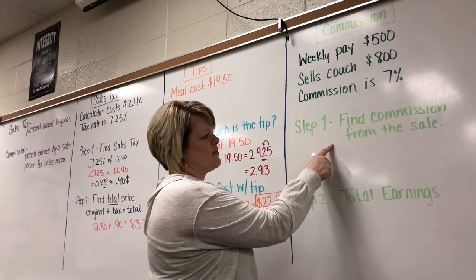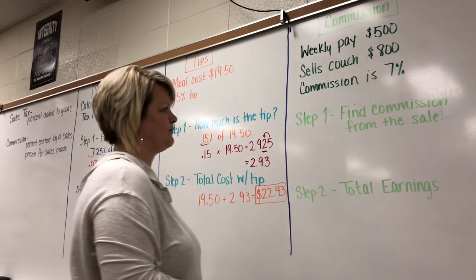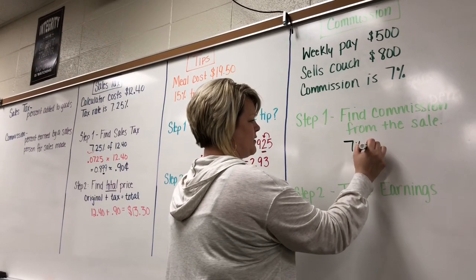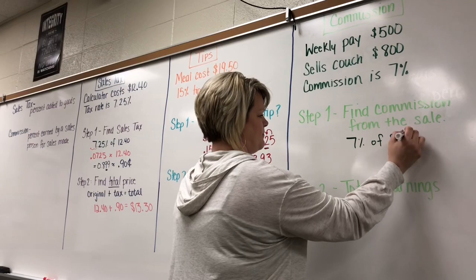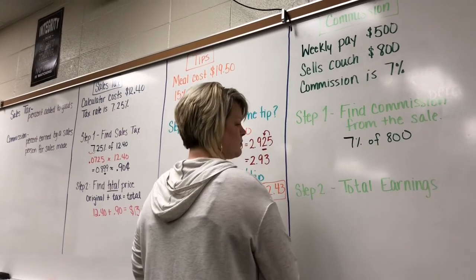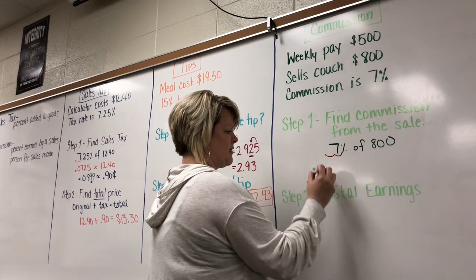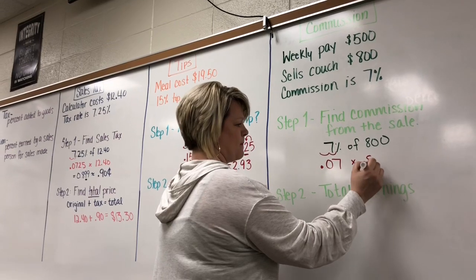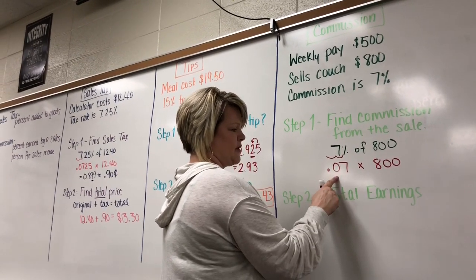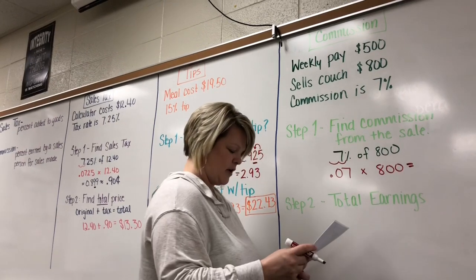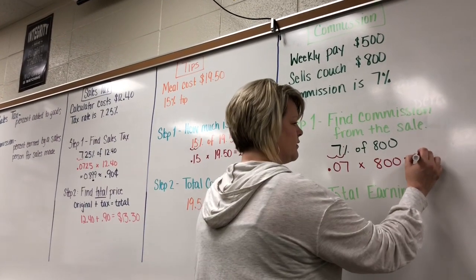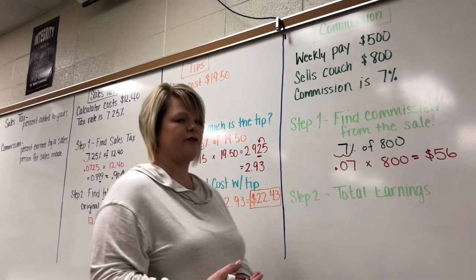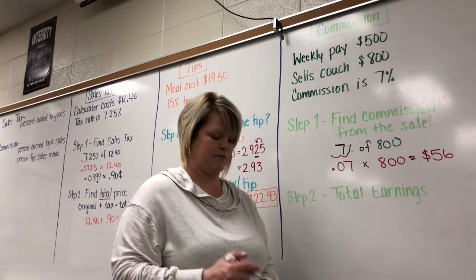So the first step we're going to do is find commission from the sale. So I'm saying that it is 7% of 800. Change this into my decimal. Notice I'm doing the same steps for each of these. So 0.07 times 800 equals $56. So he's going to earn $56 just for selling a couch.